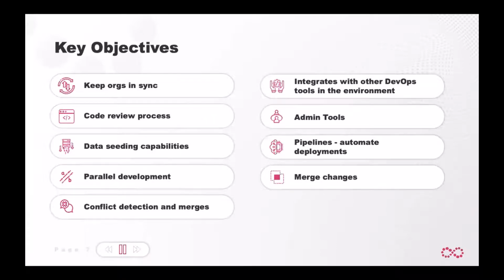For example, if you're back promoting the changes in your development sandboxes, this should not be a half an hour long process. This should be a quick one-click process where with one single click, you can back promote the changes. Next, doing the code review process.